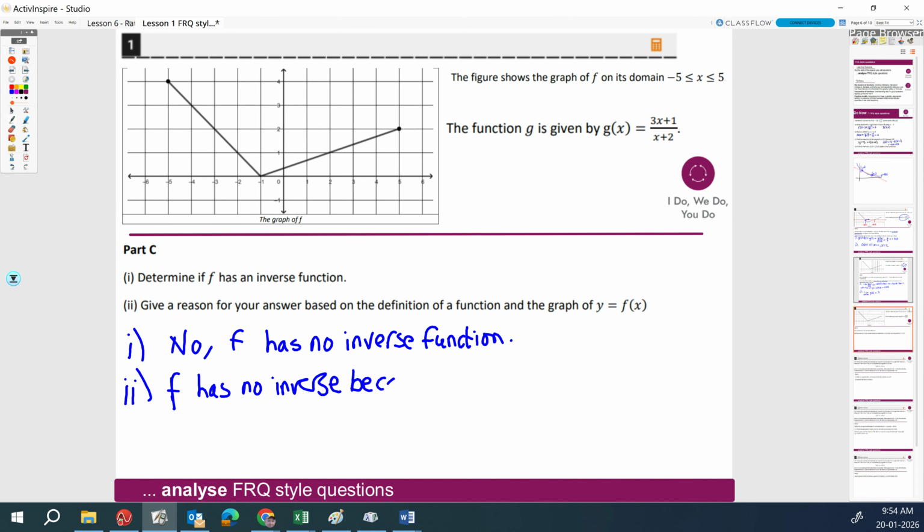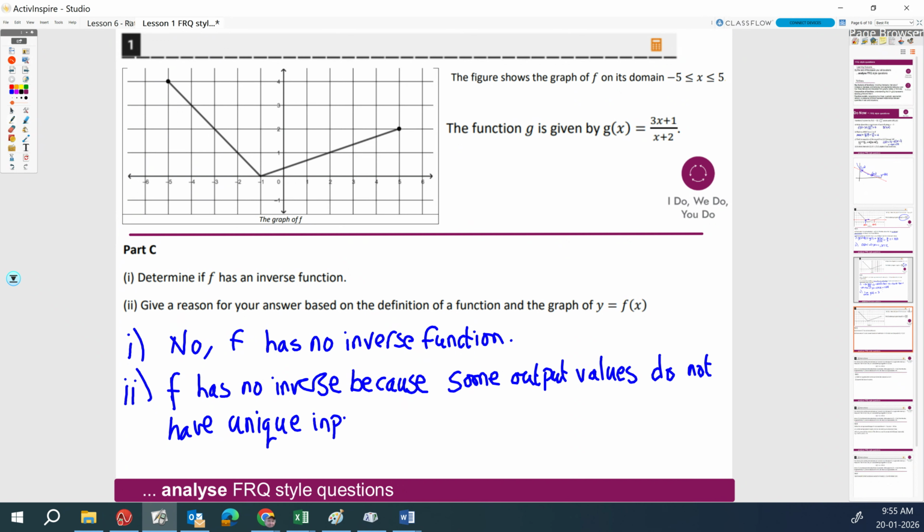because, now you can't say because every output value has a unique input value. You say the opposite, because some output values do not have unique input values.